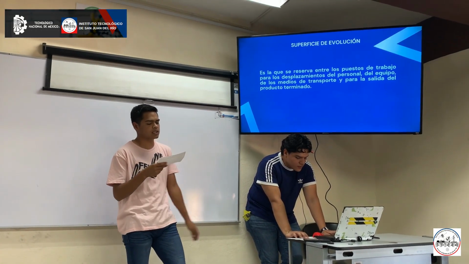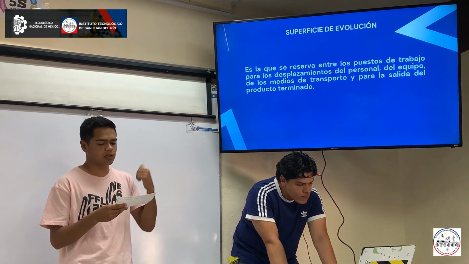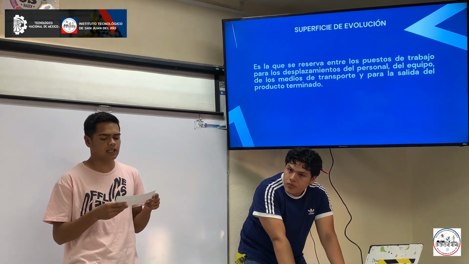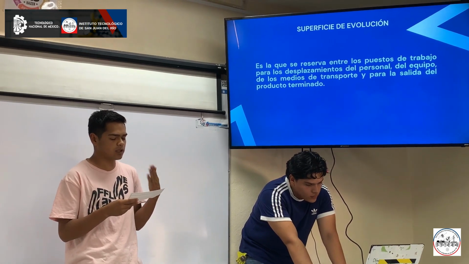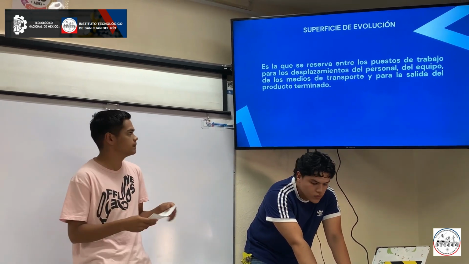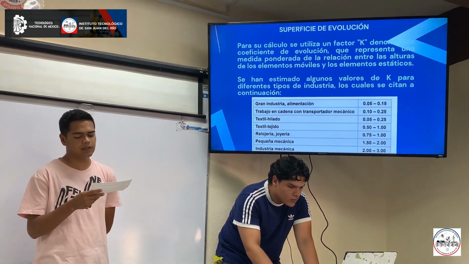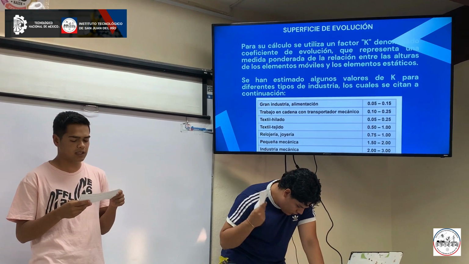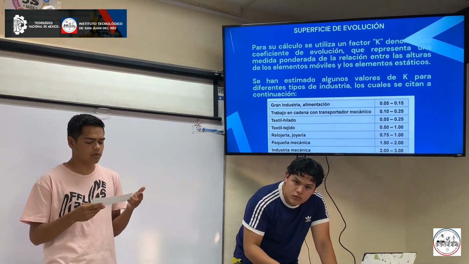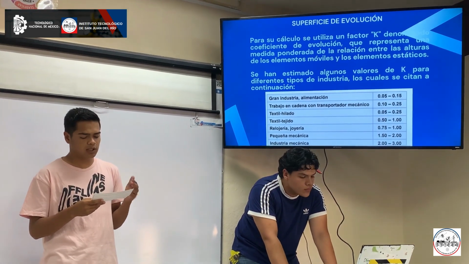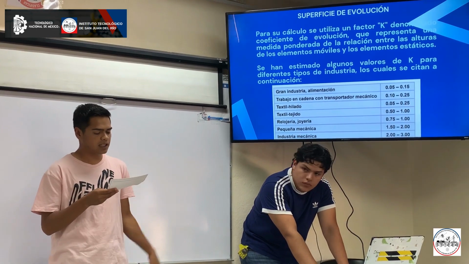The evolution surface is the one reserved between the workstations for the movement of personnel, equipment, means of transportation, and for the departure of the finished product. For this calculation, a factor called the evolution coefficient is used, which represents a measure of the relation between the height of the moving element and the static element.